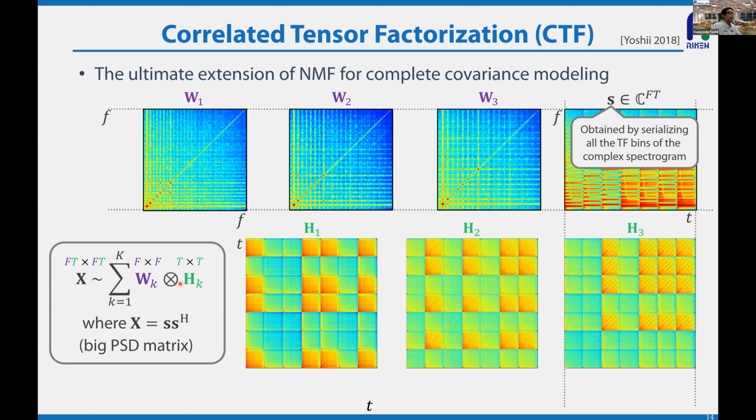Actually, this is tensor data, where all the elements must be dependent on each other. Such a dependency covariance structure must be useful for improving the performance of multi-channel blind source separation. That's the motivation.